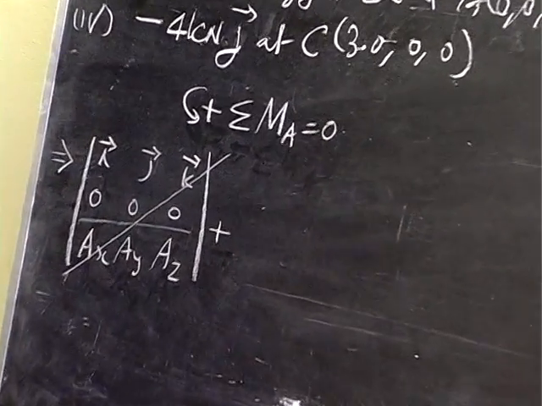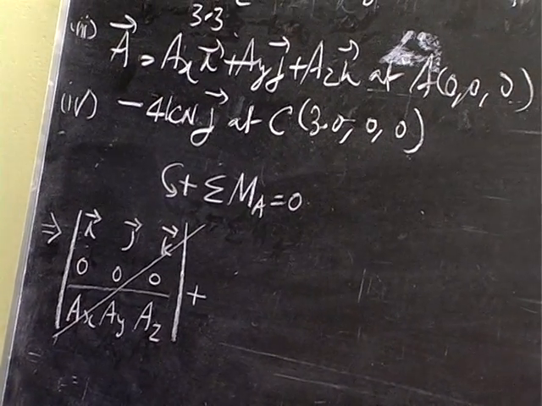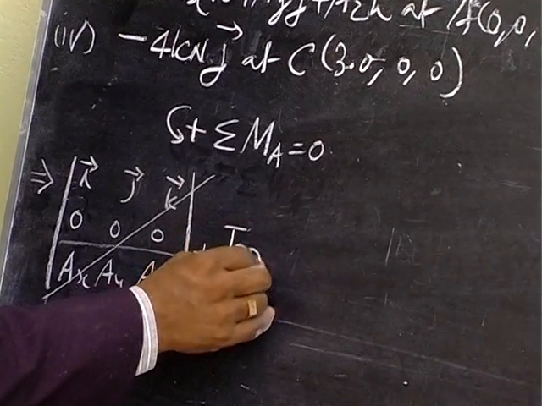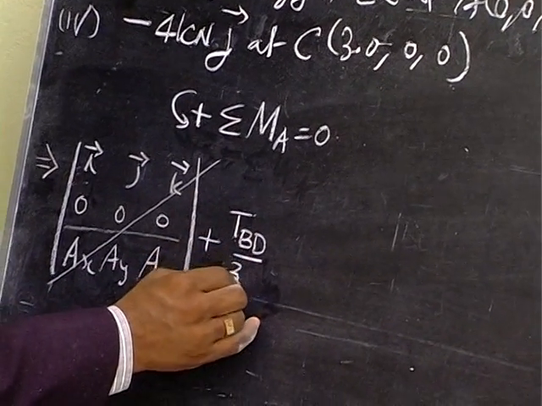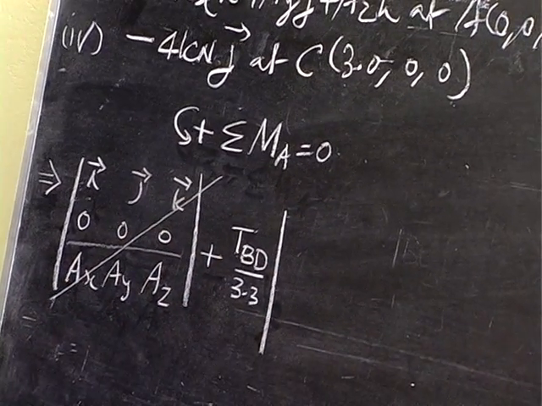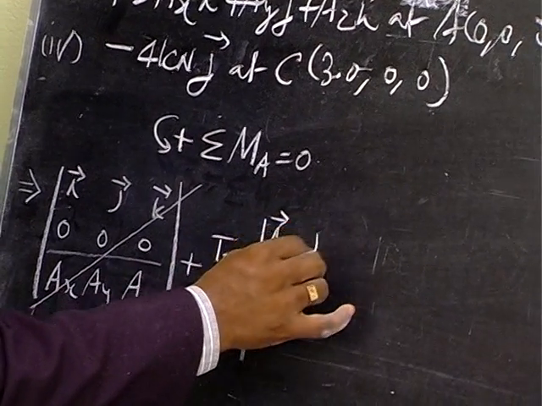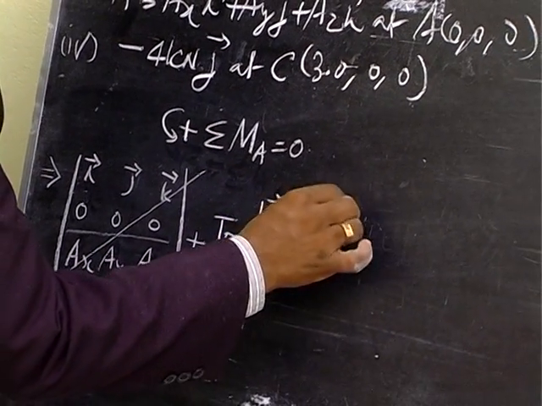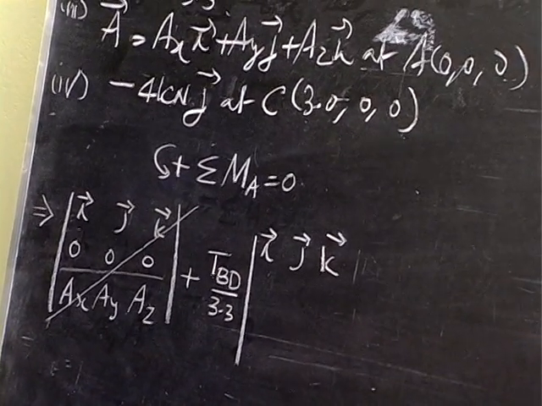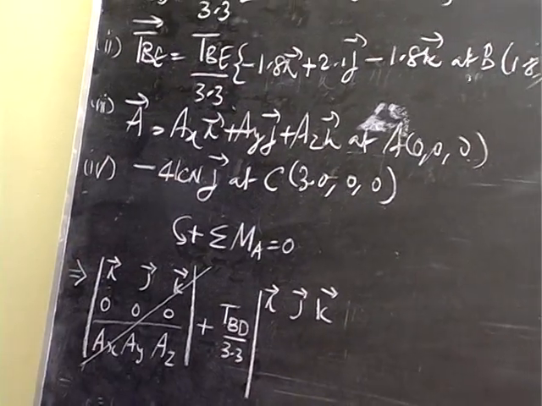Then we consider the second force, that is tension BD, where the common value for tension BD force is nothing but TBD by 3.3 in the force term. So we can take it out. We put the i, j, k values, I vector, J vector and K vector, and the position vector R regarding TB vector is nothing but 1.8, 0 and 0.